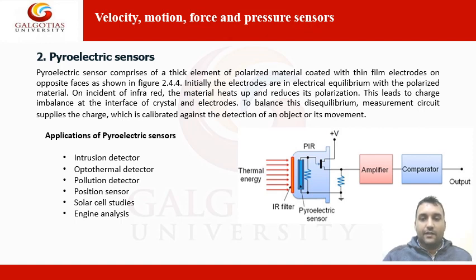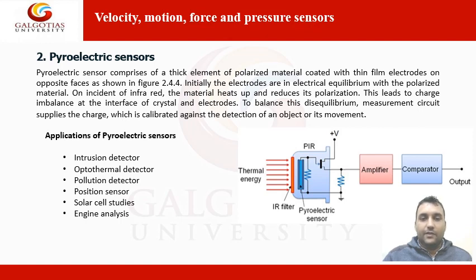So here this is the thermal energy, this is the IR filter, and this is the pyroelectric sensor. Infrared is falling on this pyroelectric sensor. The material heats up and there is a reduction in polarization.